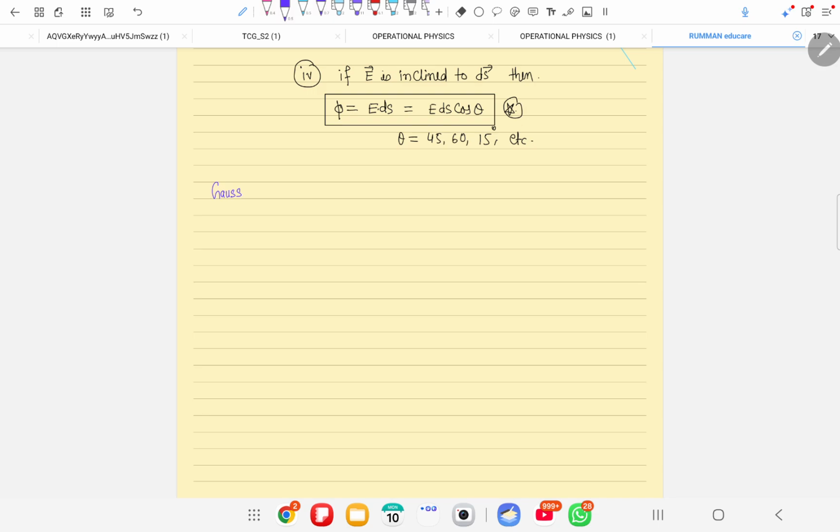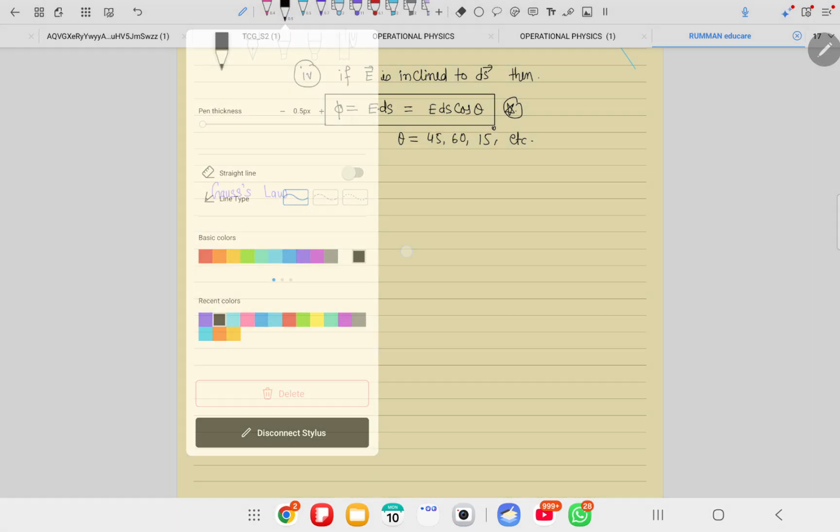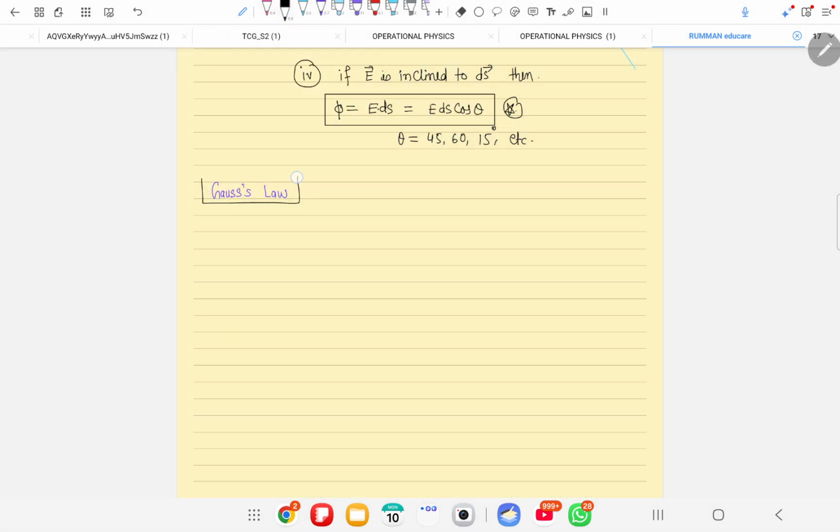Now after this discussion, I would like to connect the similarities related to electric flux, that is Gauss's law. Gauss's law, a very important concept. So what does this law mainly indicate?